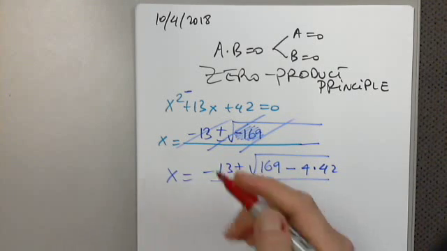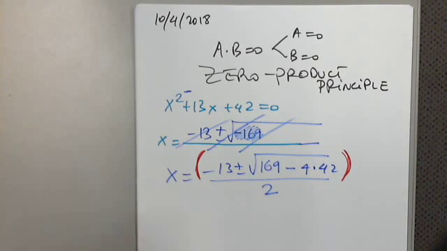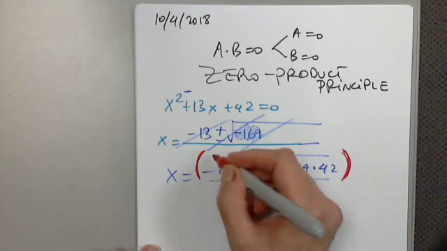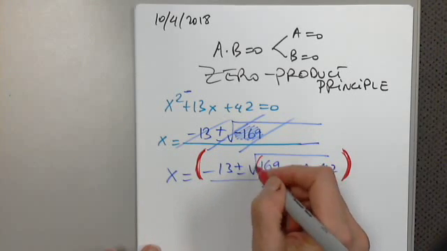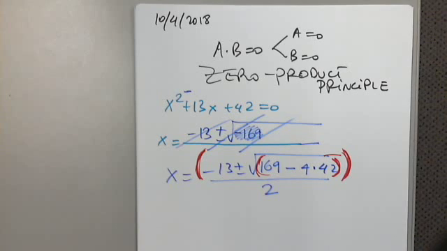But otherwise, I will put it all together at once in the graphing calculator with parentheses around the top and around the quantity under the square root. And I will determine both solutions at once. So let's do that.